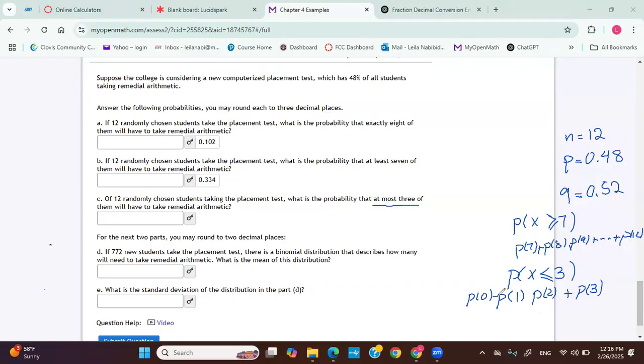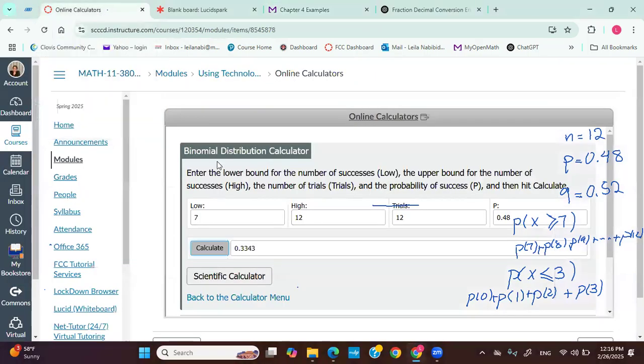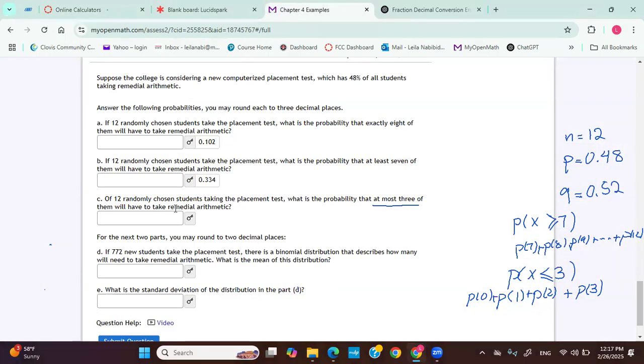You would need to find all of these probabilities and add them together manually. But if we use the online calculator, the lower number is 0 and the higher number is 3. The answer is 0.0943.